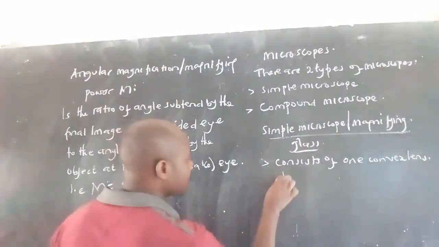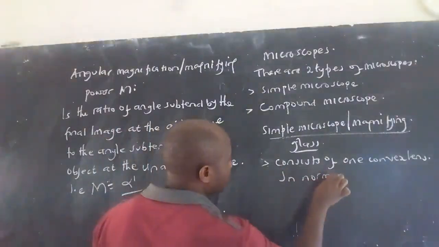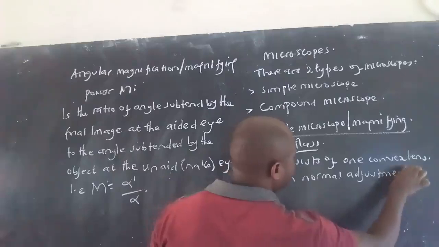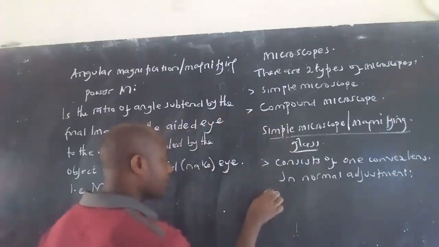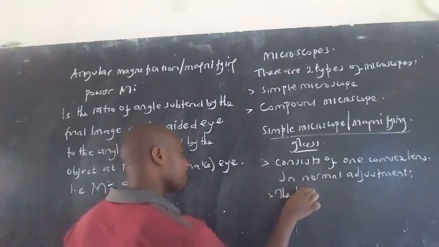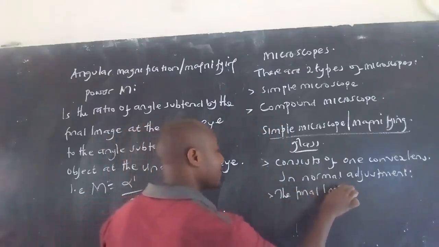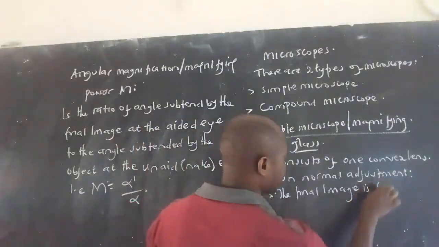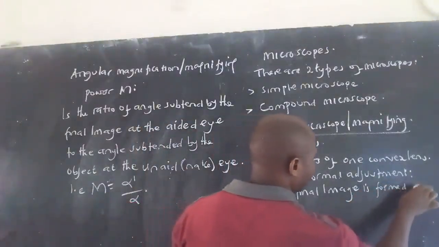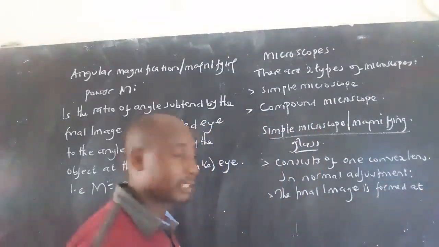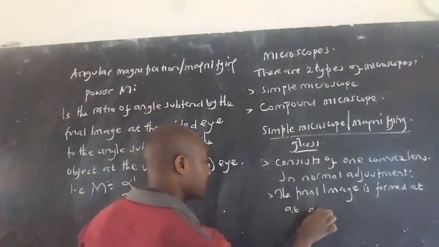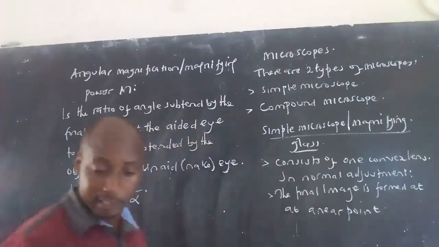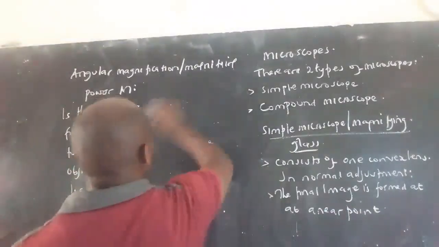Then we say in normal adjustment, the final image is formed at a near point.